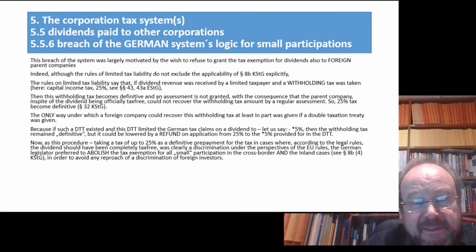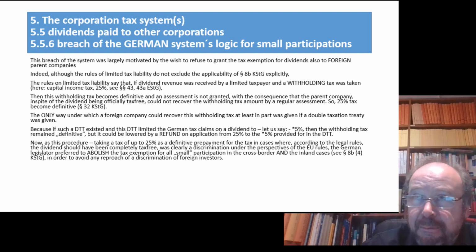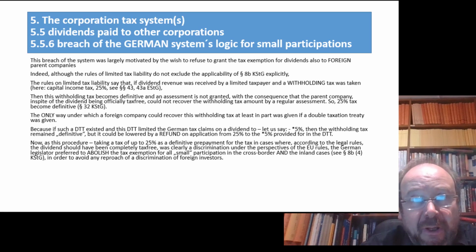And so we want to avoid the non-discrimination principle's consequences, and we can best do this just by also treating our inland taxpayers in an unsystematic way. Then we can keep the money, because one can force us to non-discrimination, but one cannot force us under European law to establish a logical and consistent tax system.